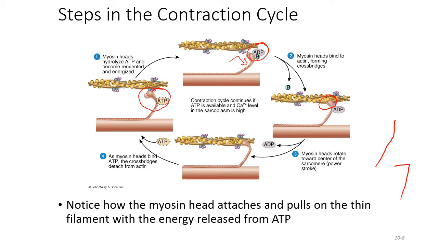New ATP comes along and binds to the myosin head. When it does so, that weakens the bond between the actin and the myosin, causing it to release, and then ATP can be rehydrolyzed again, and we start the whole process over again and again and again.